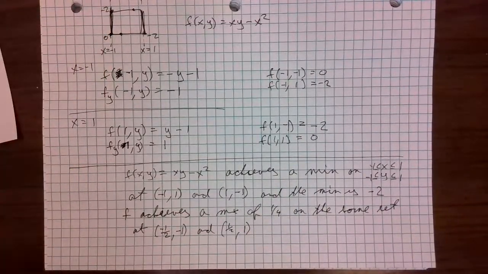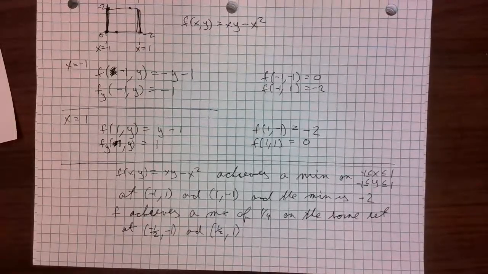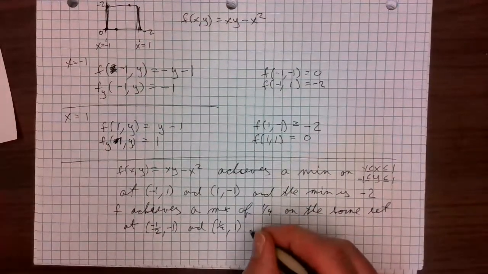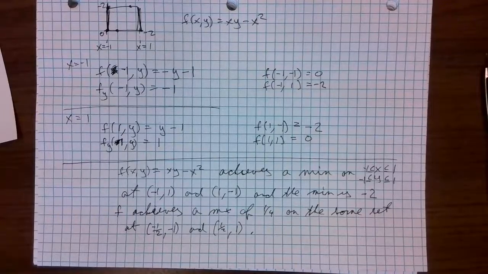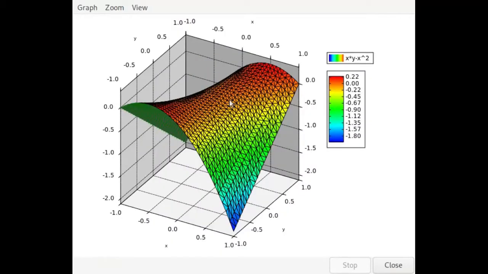All right. Well, let's look at the graph and see if this really works. Here is the graph of x times y minus x squared. You can see the saddle that we found at the origin.